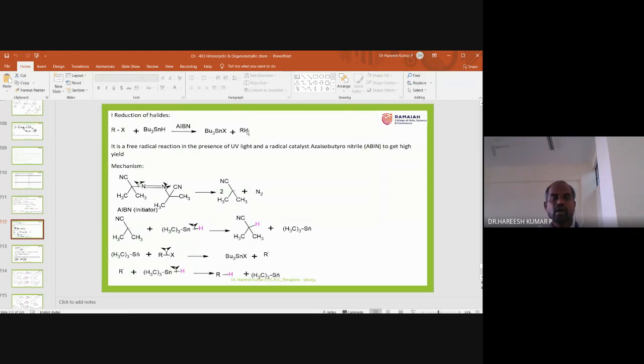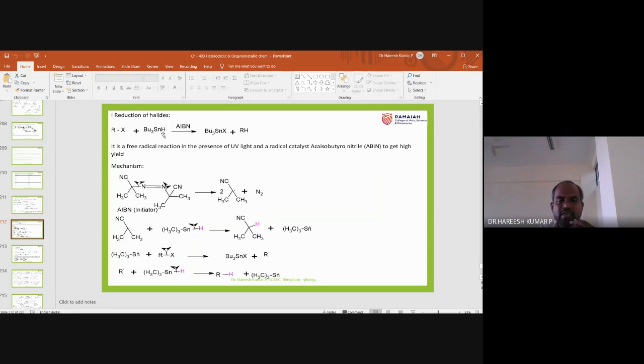RH is hydrocarbon, RX is haloalkane or haloarene. For this conversion, a reagent called TBTH is used. TBTH is nothing but tributyl tin hydride.